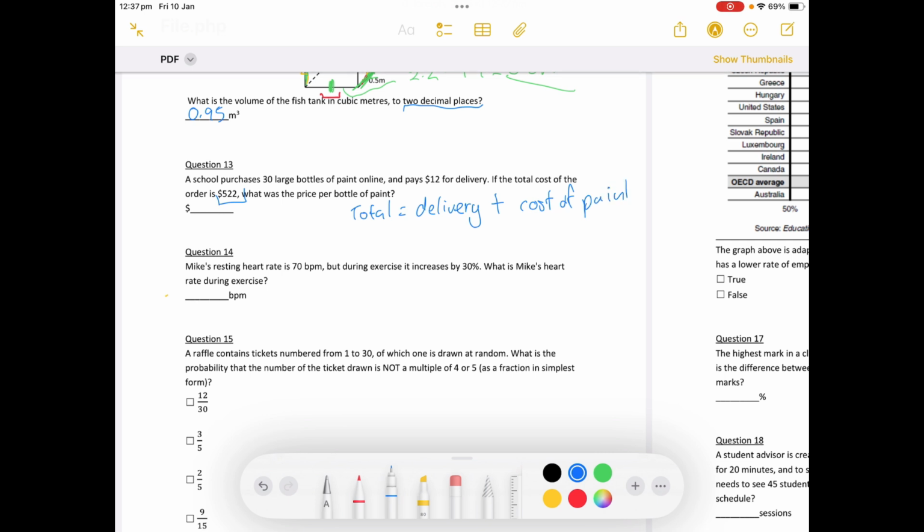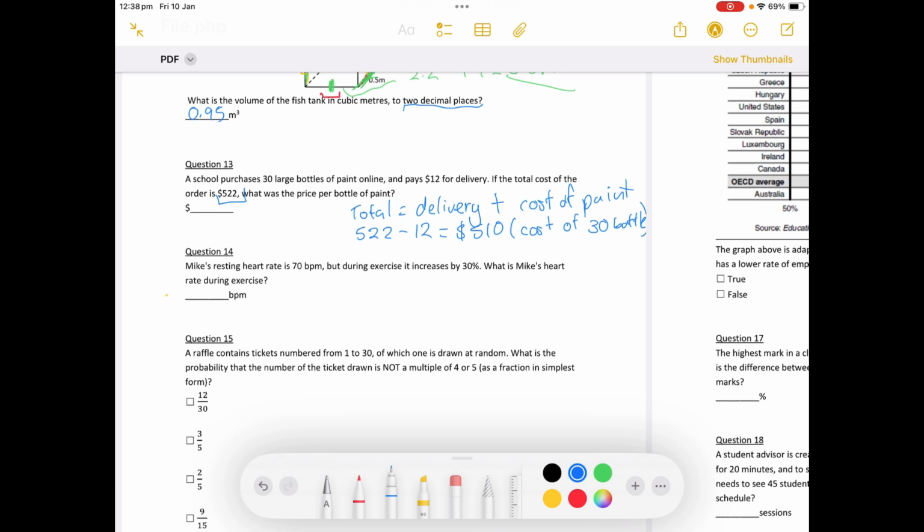That means the cost of paint is going to be equal to 522 minus $12, which gives you $510. So that's the cost of all the paint, and it's 30 bottles.